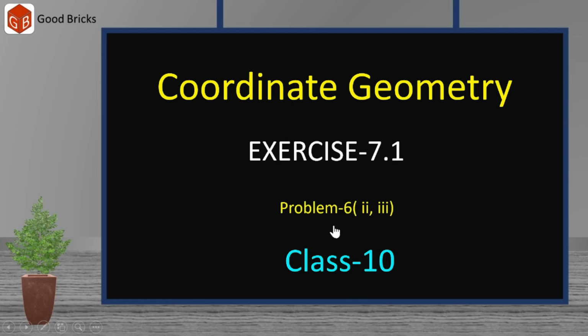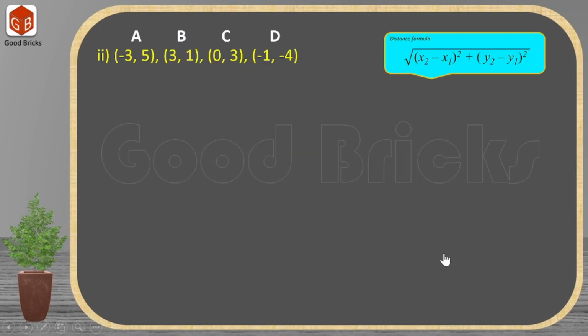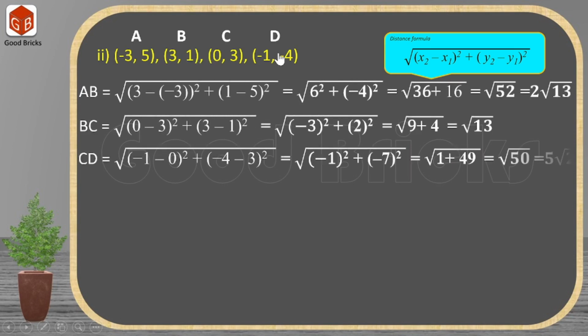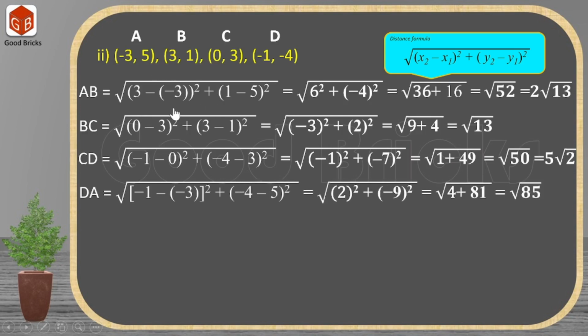Now we are going to solve the second and third bits of problem 6. If you take the second bit, 4 points are given. Using this distance formula, we are going to find the distances AB, BC, CD and DA. When you look at AB and BC, the AB length is double the BC length.